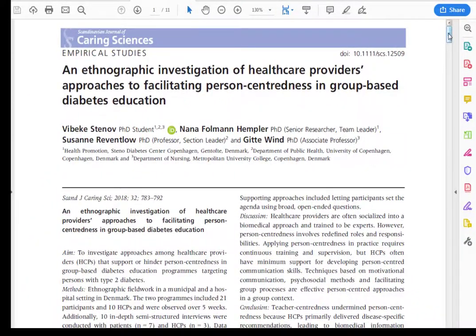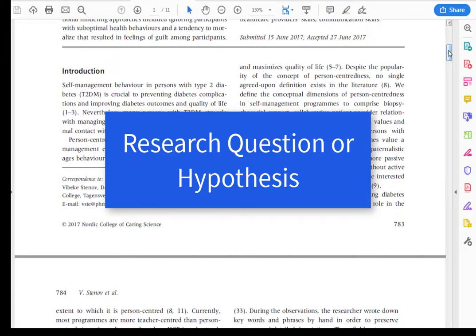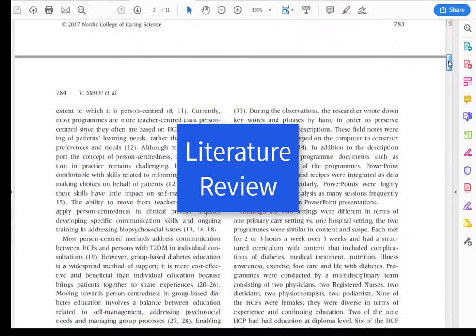Although research articles can vary greatly in methodology and scope, they share several common features. The topic of the research study is usually presented in the form of a research question or even a formal hypothesis, and it is often introduced or combined with a section summarizing current research in the field called the literature review.